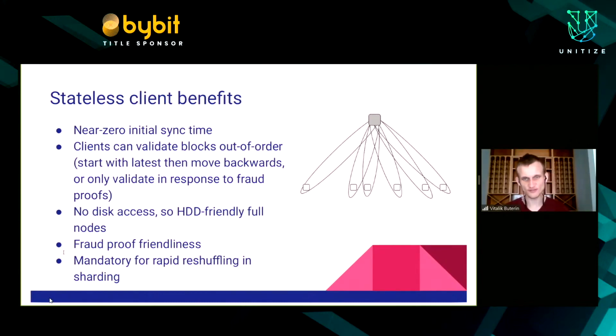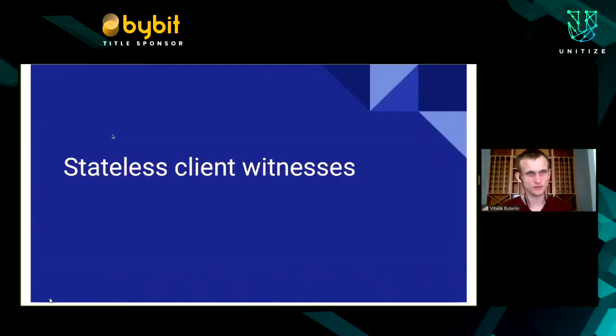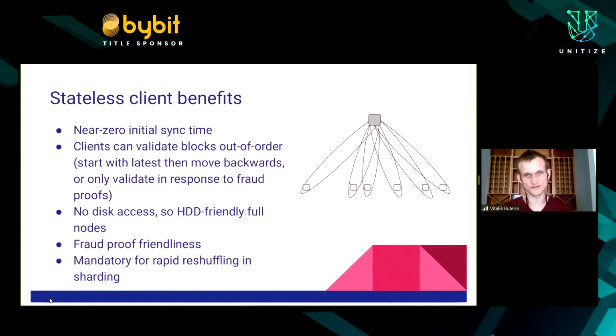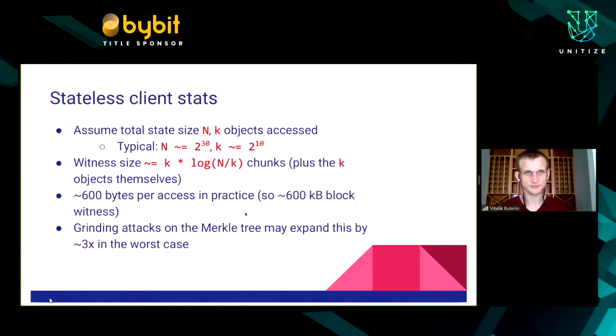And so how would you verify it? Well, you would ask for a witness and you would verify it statelessly. So it's also potentially more secure against certain kinds of attacks, especially in cases where disks are fairly slow. So a lot of benefits.